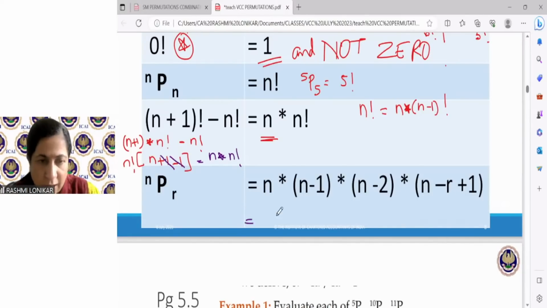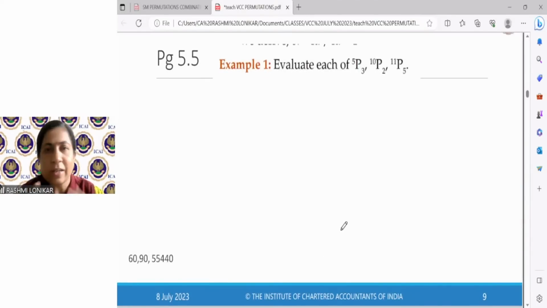And also we have n factorial upon (n minus r) factorial. So these two formulas are the most important formulas that you will be needing. So now let us dive into some sums to be able to understand.